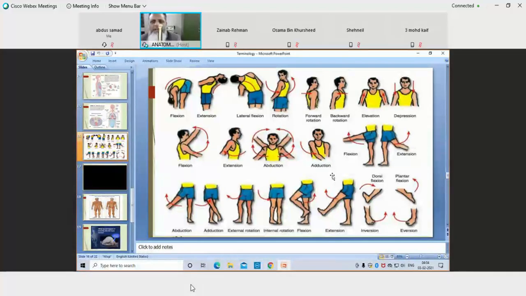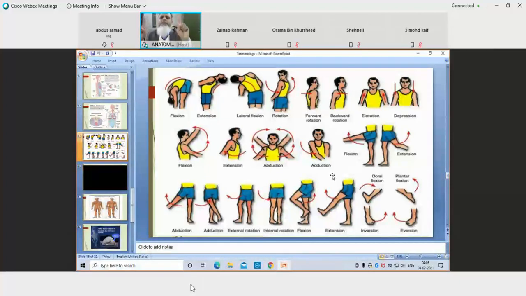Okay, so here, as a part of rotation, if the organ or part is coming closer to the median plane or the midline, this rotation will be known as medial rotation. And if the parts are going away from the midline, that rotation will be known as lateral rotation.